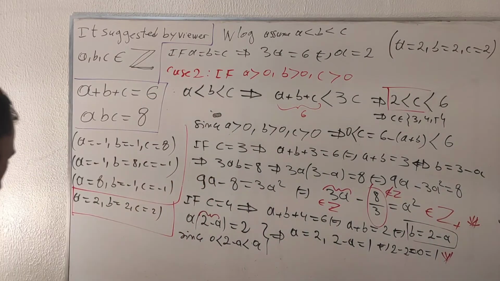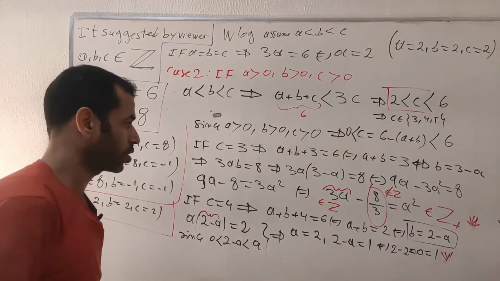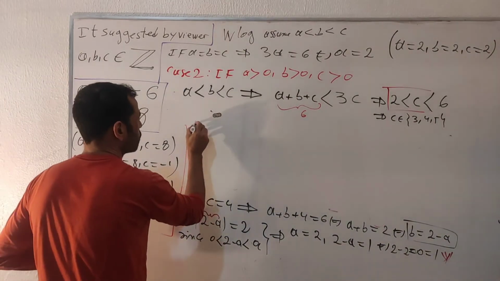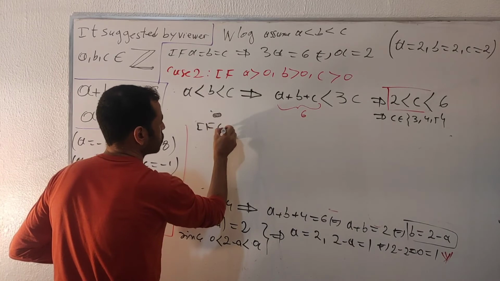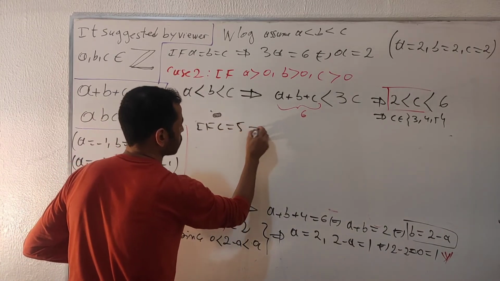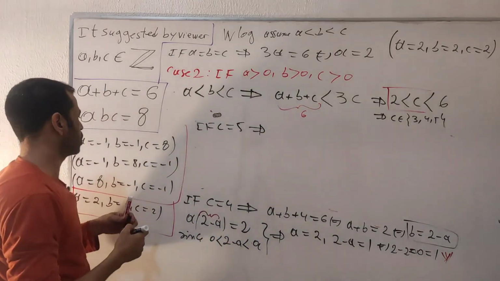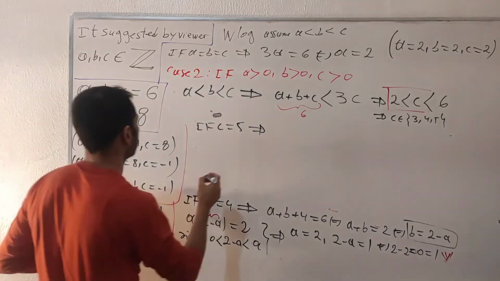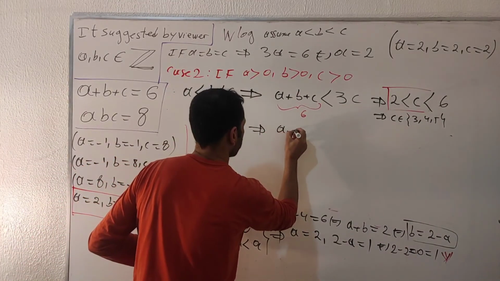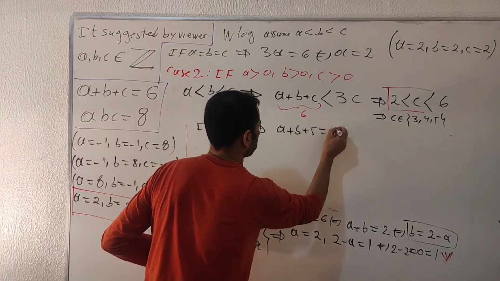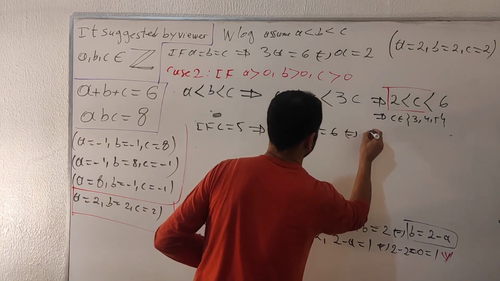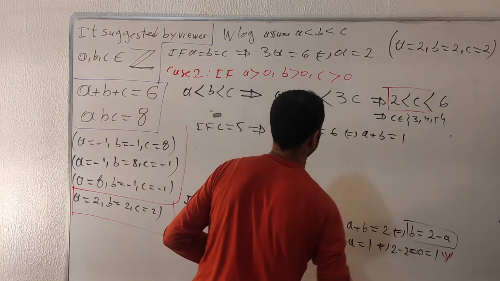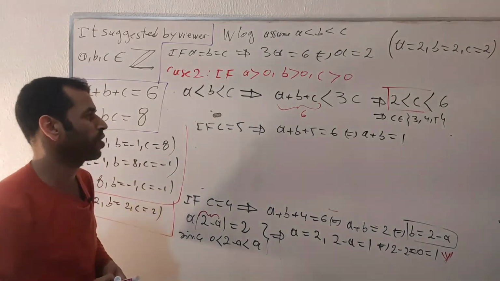Okay, let's move on to the last case. If C equals 5, taking this value of C and inserting it in both equations, I get A plus B plus 5 equals 6, equivalent to A plus B equals 1, after taking 5 to the right.